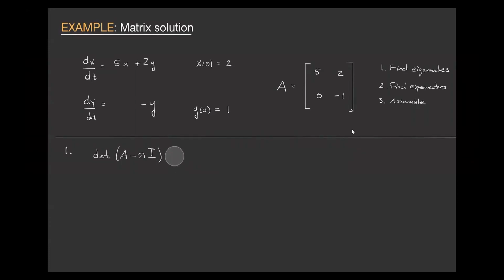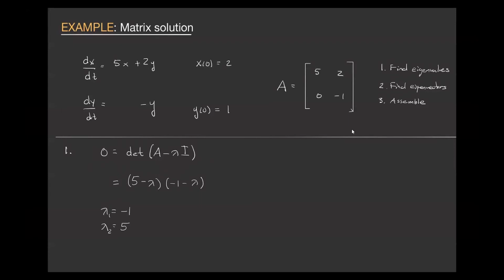In this case, what we should get is -1 minus lambda times 5 minus lambda, minus nothing. If you're not sure why this is the case, let me know. That tells us that the eigenvalues are lambda 1 equals -1 and lambda 2 equals 5.